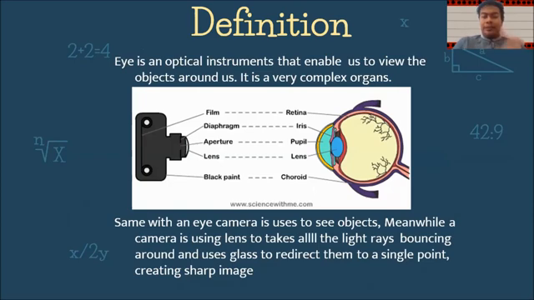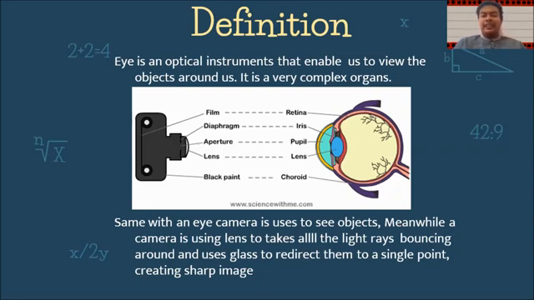Meanwhile, a camera is the same as the eye, used to see objects. A camera uses a lens to take the light rays bouncing around and uses glass to redirect them to a single point, creating a sharp image.